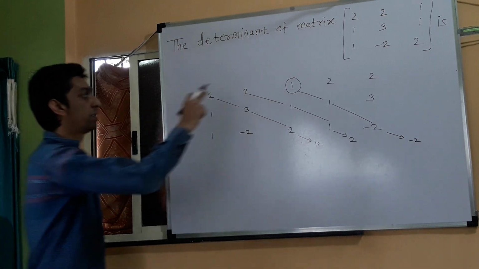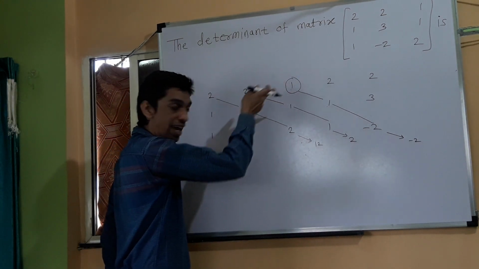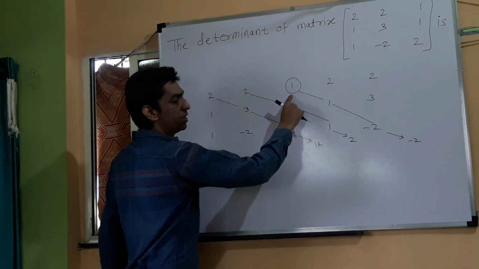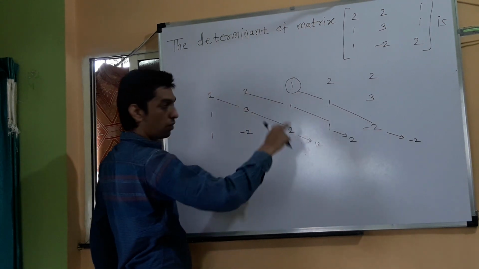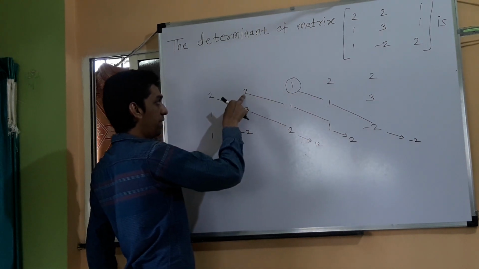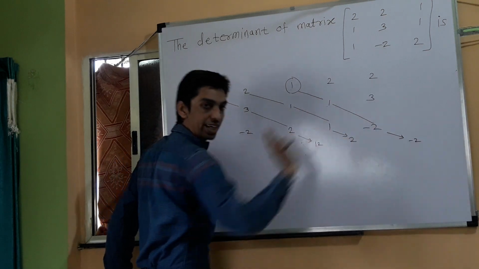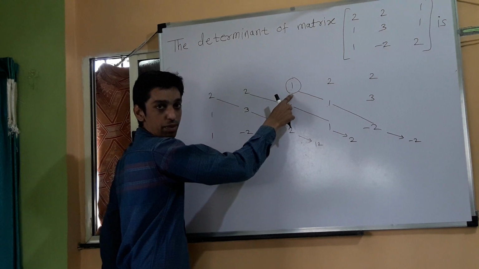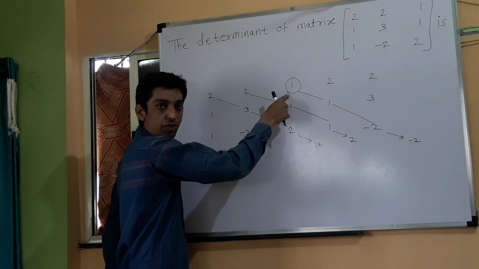Earlier we started from the center element and went to the right diagonally. Now again in the next step we start from the same element, the center of the first row, and now we go to the left diagonally.